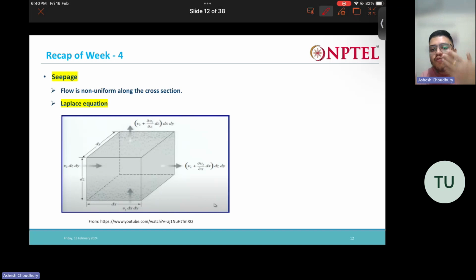The seepage, or the flow of water through a porous media, here we consider porous media as soil, is governed by the Laplace equation. So what is this Laplace equation? We are going to see.